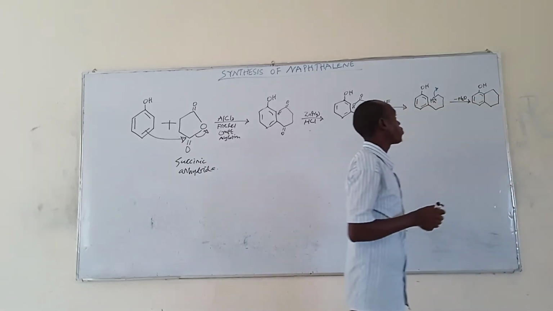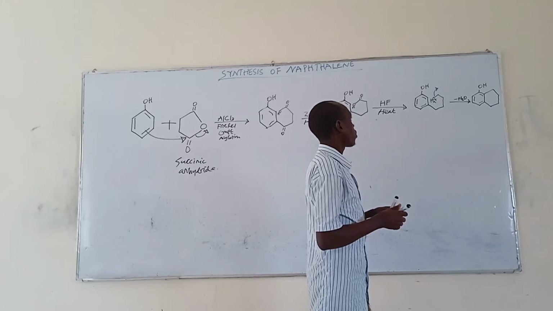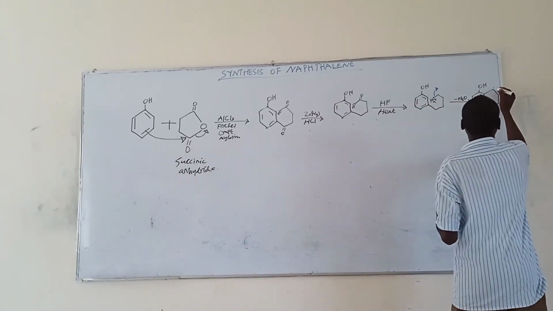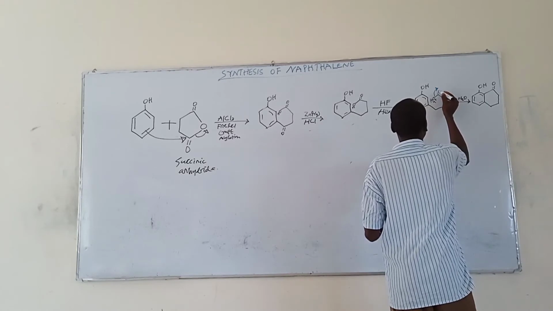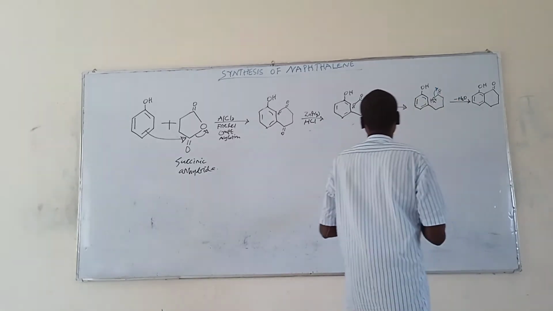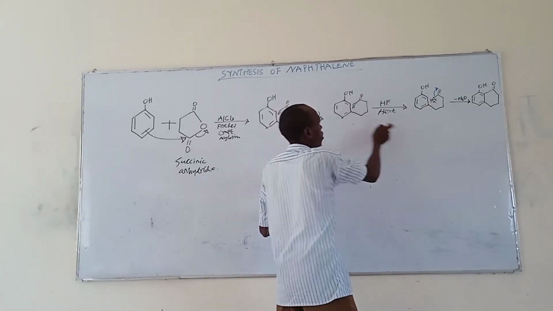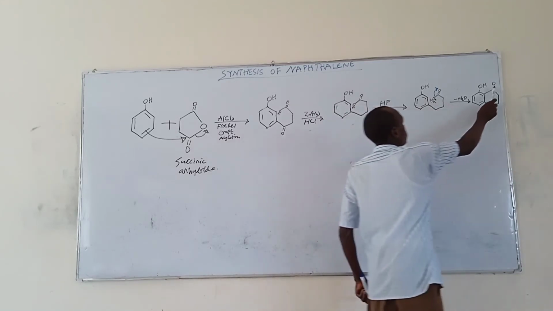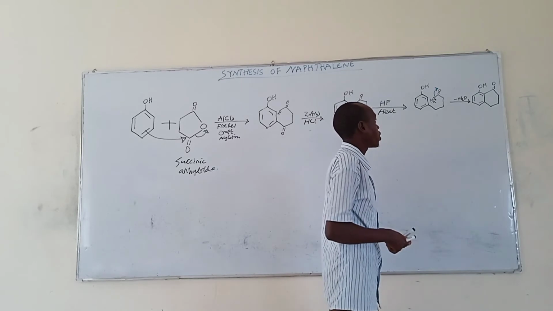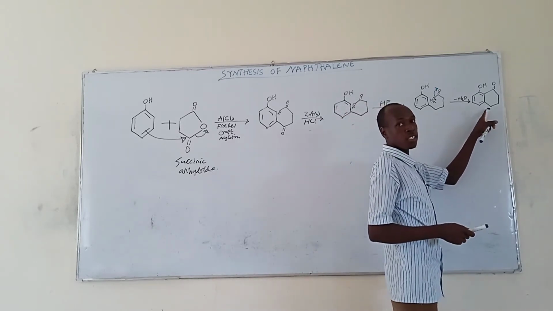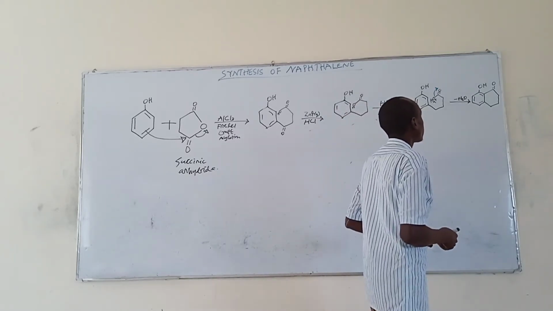This is what we have after the ring closure. We had one oxygen here, so the same oxygen is here. After carrying out the ring closure, we end up having this as our product.